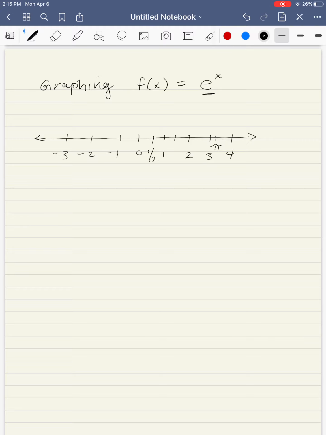So 1/2 is here. And then we could say 1.41 we know is the square root of 2. We can just keep adding infinitely many numbers on this number line.